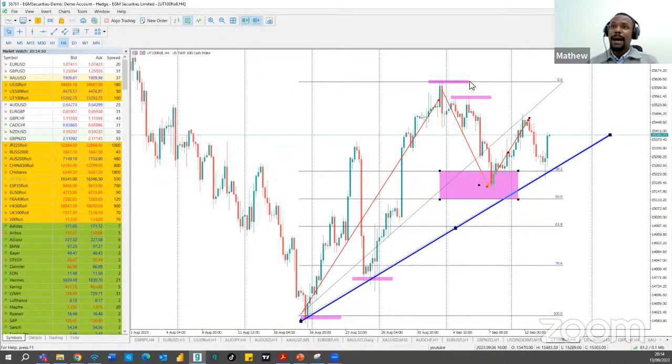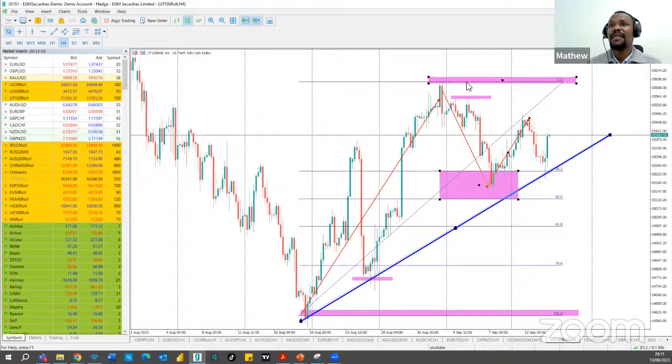From this level up here, it is from level 100. If you consider down here, let me stretch from 100. You can see 100 all the way up to this 0, and then the price literally pulled back to around 38.2%.